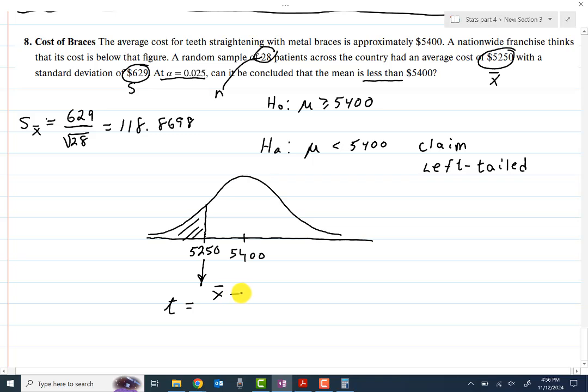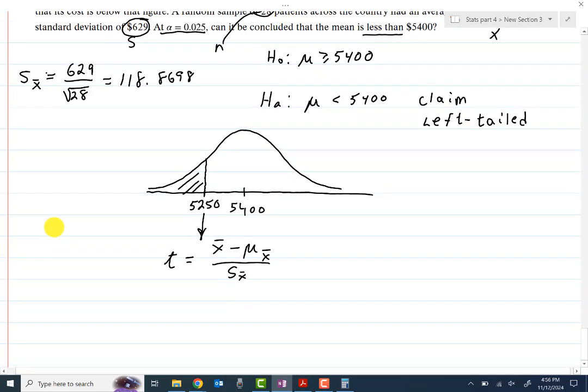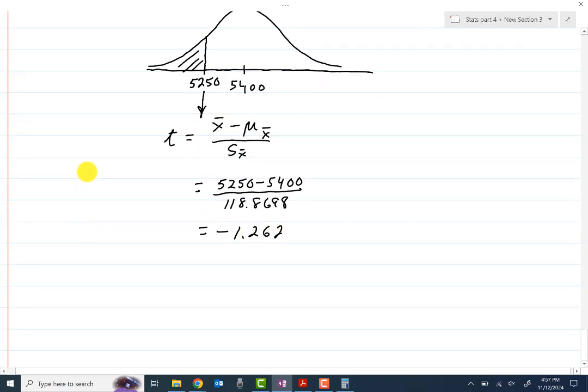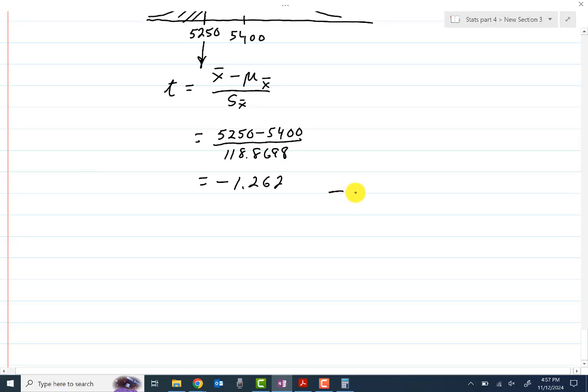Remember that equals x bar minus mu of x bar divided by s of x bar. So x bar is 5,250 minus 5,400 divided by 118.8698. Negative 1.262 if I round to 3 decimal places. Let's draw a picture.